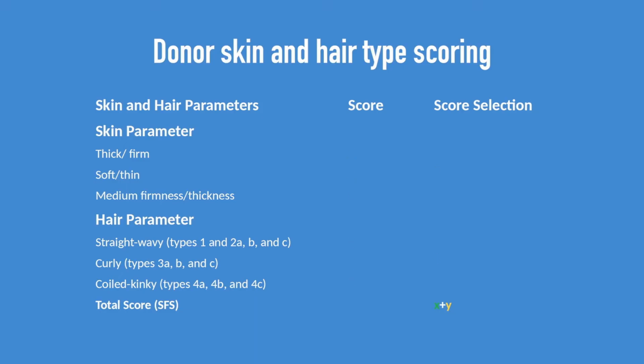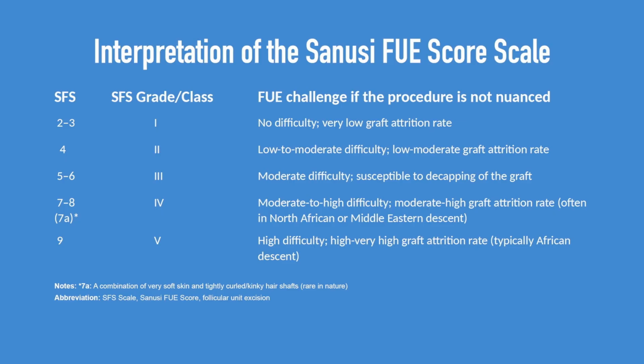The practitioner begins by assigning scores to the hair type and the skin type of the patient presented. The scores derived for the hair type are tallied and added to the scores assigned to the skin type. The total score is used to determine the SFS score of the patient. The score that will be derived will range from 2 to 9, and this will fall into one of the 5 SFS grades.